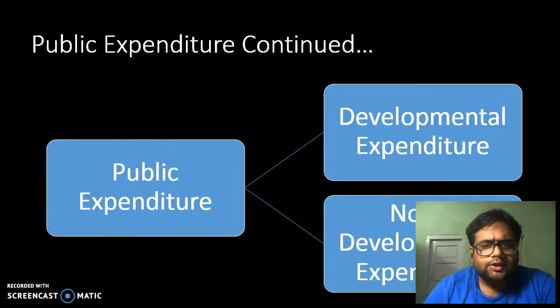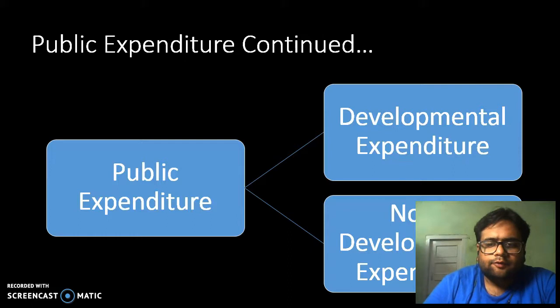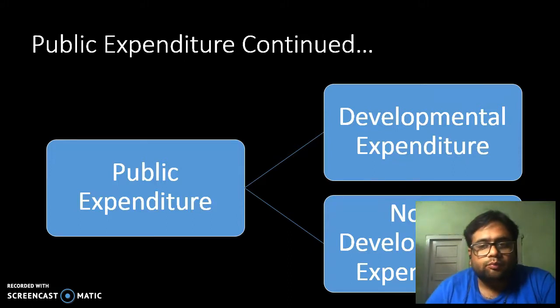Those types of expenditure are known as developmental expenditure. It will increase the investment of the economy. We need to incur more and more developmental expenditure, because in return it will give us something.